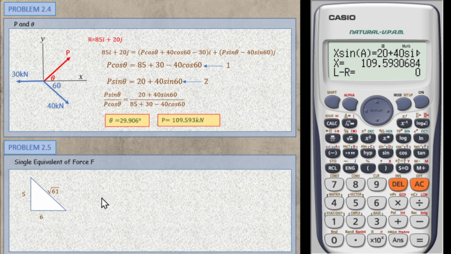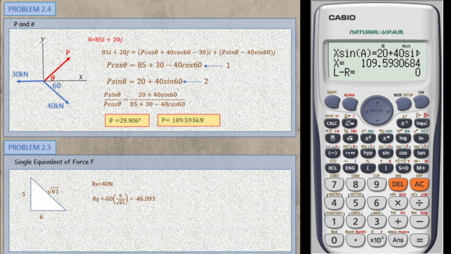So for problem 2.5, since we need to get the single equivalent force F, we need to get all the Rx, Ry, and Rz components for this one. So for Rx, as you notice, there is only one, 40 Newton there. For Ry, it has 60 Newton going to the negative y component.